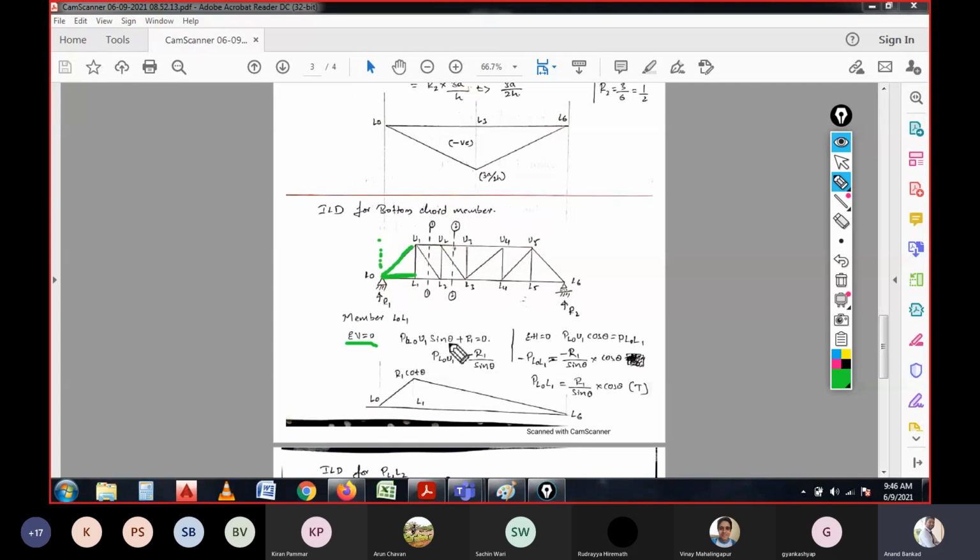What we will get is P L0 U1 sin theta, and apart from that the reaction R1. So that will be P L0 U1 R1 sin theta. Right? This we have already considered.